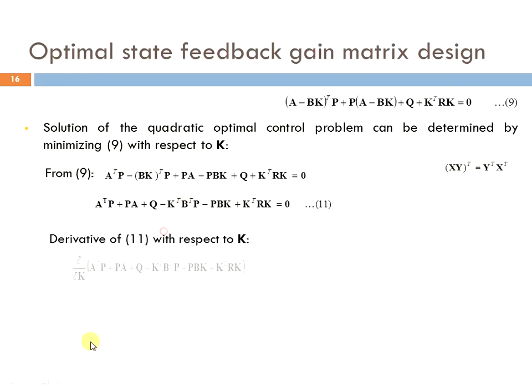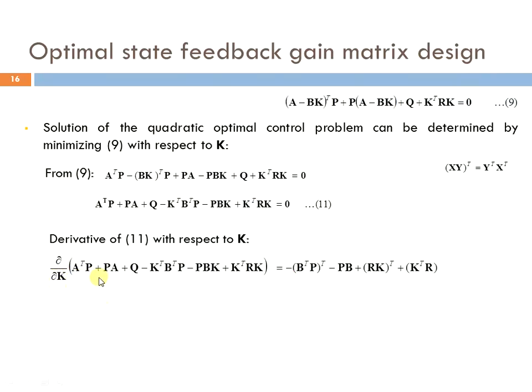So then we can take the partial derivative of 11 with respect to K, and here the first three terms do not have any K, so they fall out. The derivative of this term with respect to K will be B transpose P, and it's supposed to be transposed because K is in the form of a transpose.